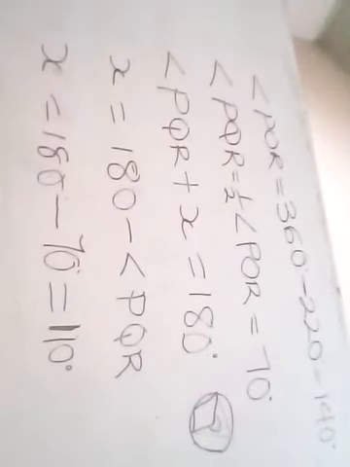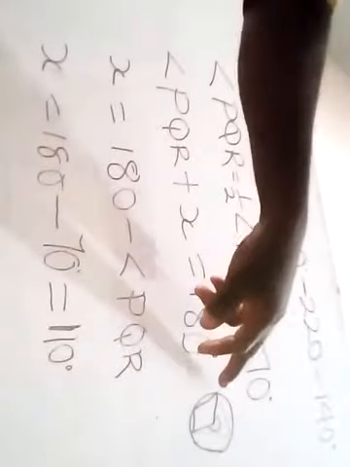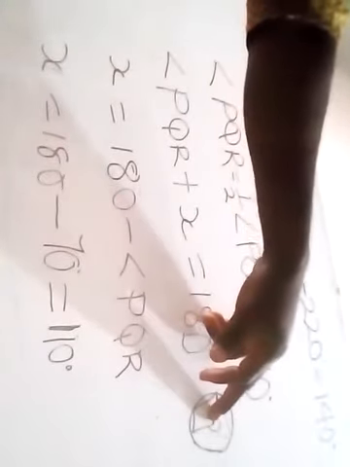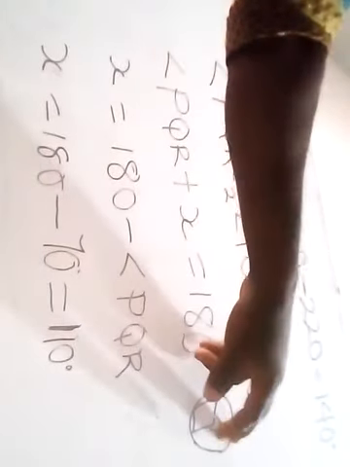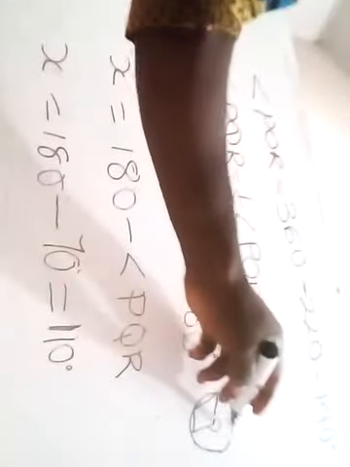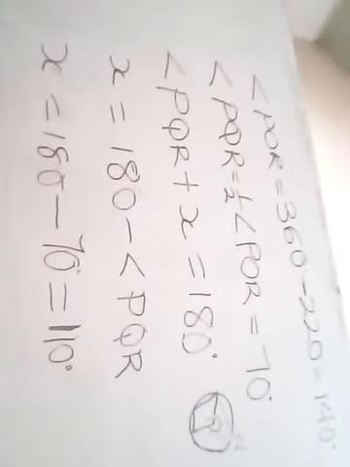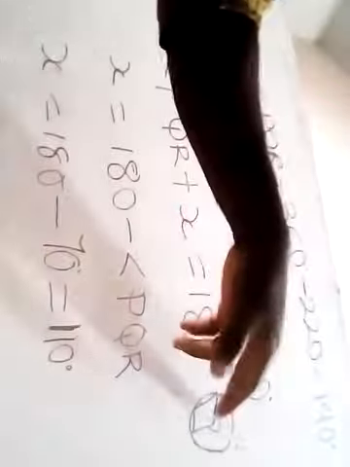140. Okay, now, in property 2, we know that the angle at the center is 2 times the angle at the circumference, the segment here. So if here is A, here will be 2 what? B. So A is equal to 2B.